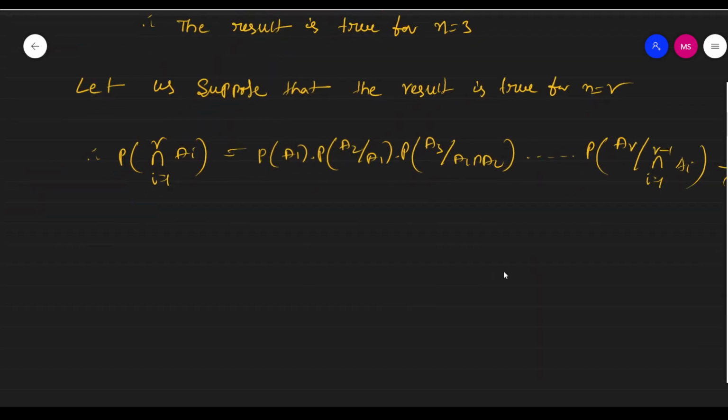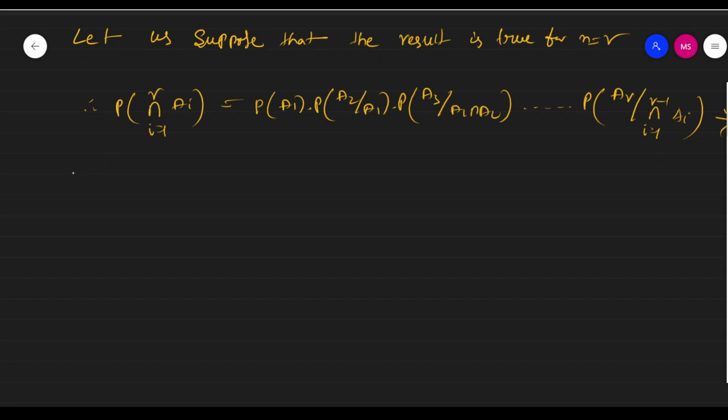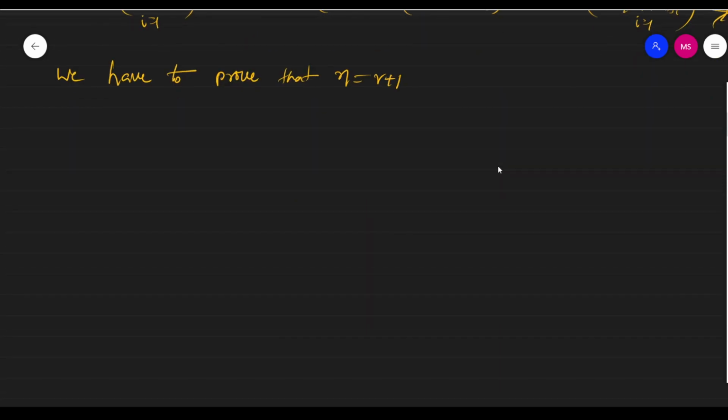So this is the third step. We have to prove that the result is true for n equal to r plus 1.